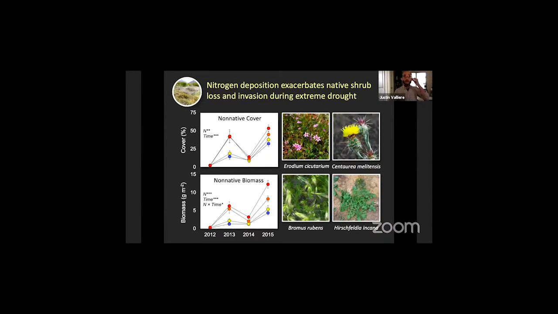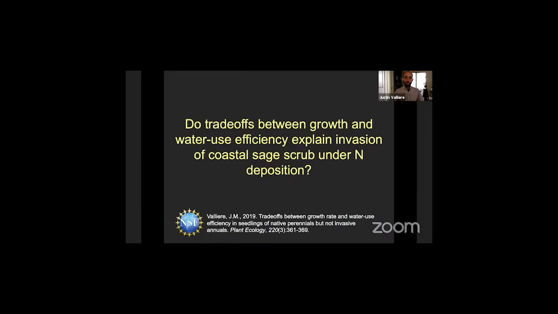And then we saw similar patterns where the high nitrogen plots had higher non-native cover. So it does seem like added N negatively impacts native species because it positively impacts these invasives. We also looked at some physiological mechanisms.